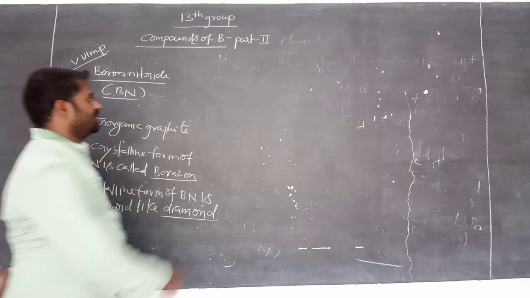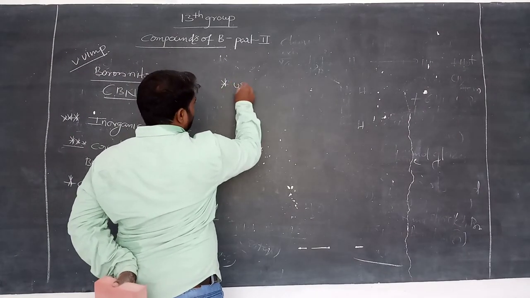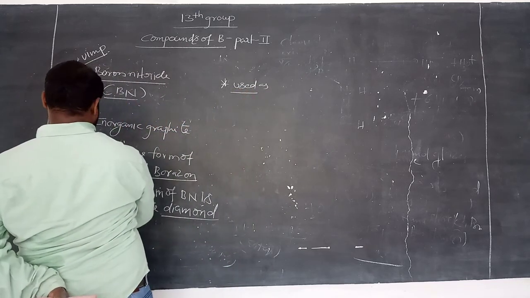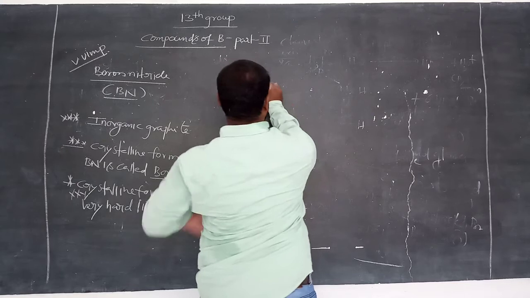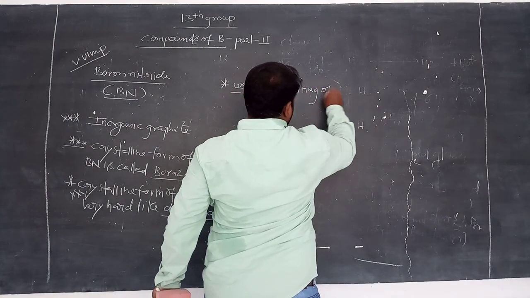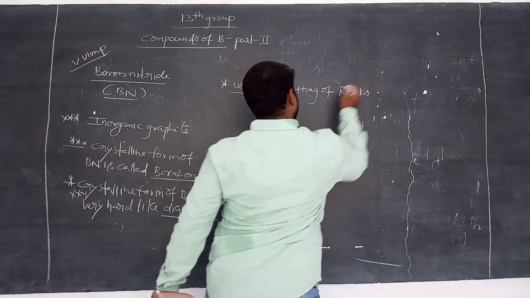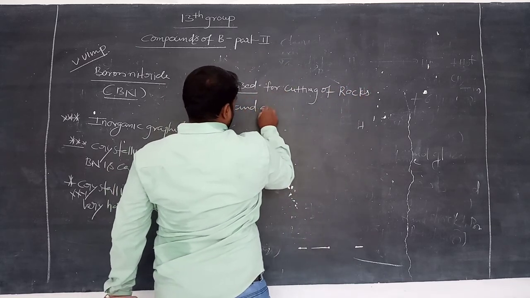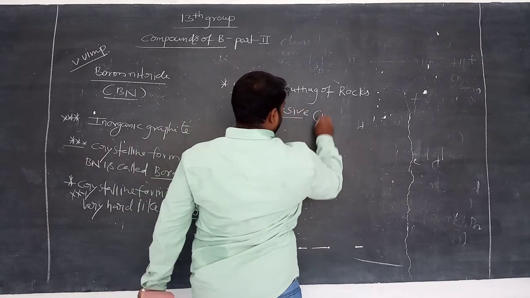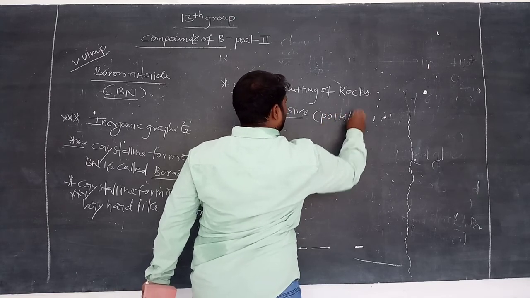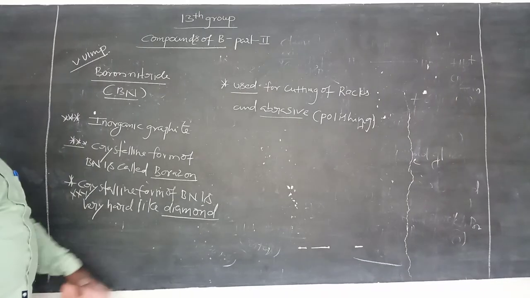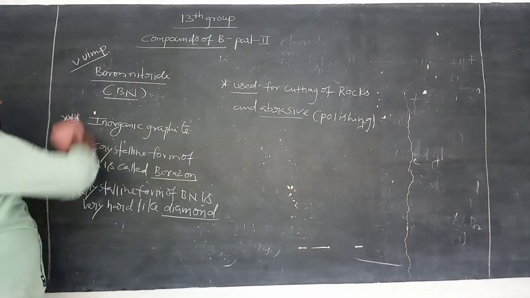Okay, so it is used for cutting of rocks and as an abrasive, meaning polishing. For polishing purposes also we can use this boron nitride as diamond. So this is about boron nitride.